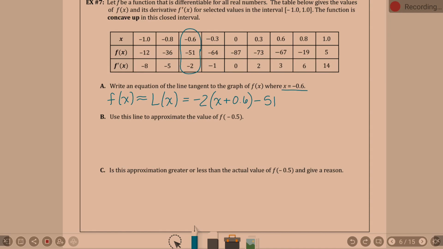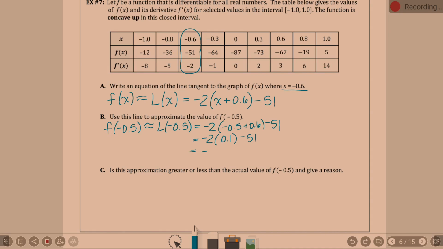So f of -5/10 is going to be approximately equal to the linearization at -5/10, which is -2 times -5/10 plus 6/10, minus 51. -2 times 1/10 minus 51. -0.2 minus 51.